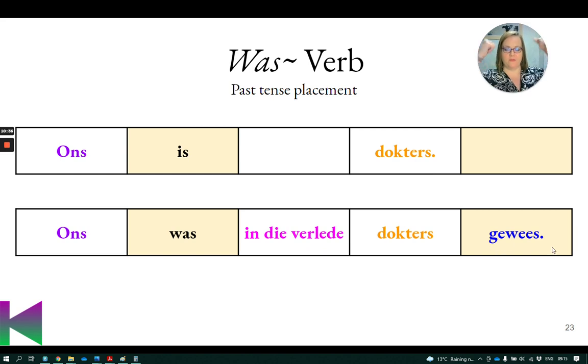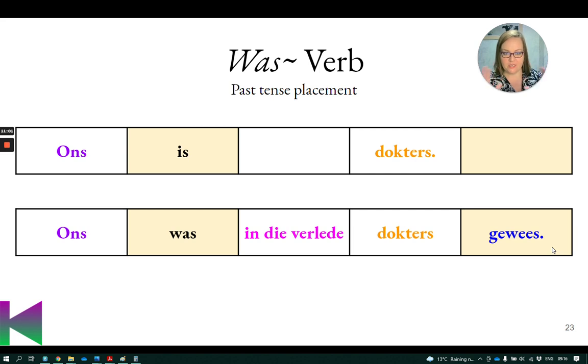That was the past. So this is the only exception where het is not the second word, it's was, but you still have your gewees at the end to show you this is a past tense sentence. Intuitively, it's like English. We were in the past doctors.